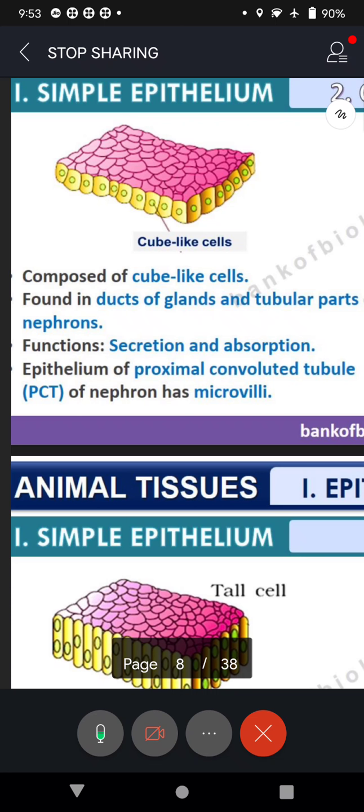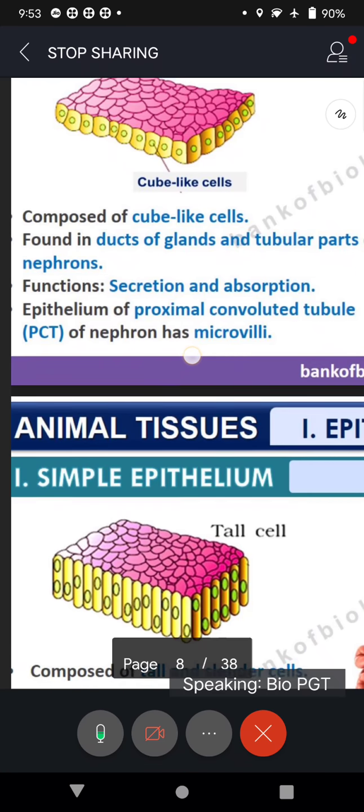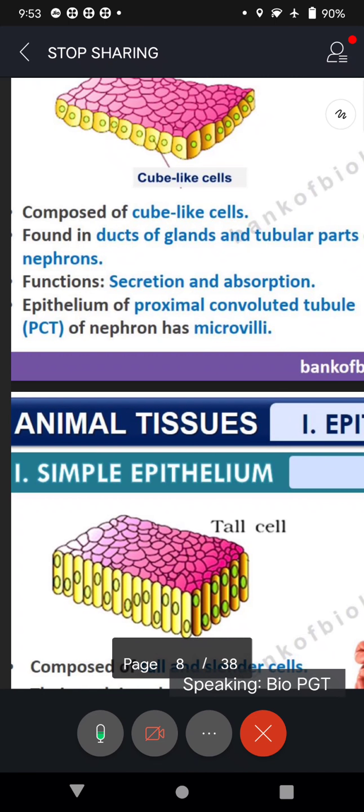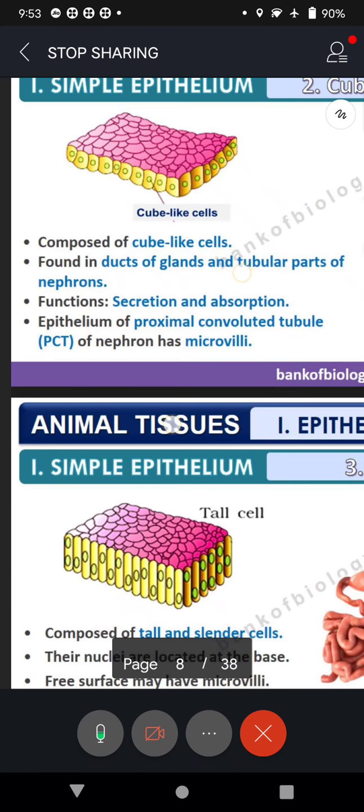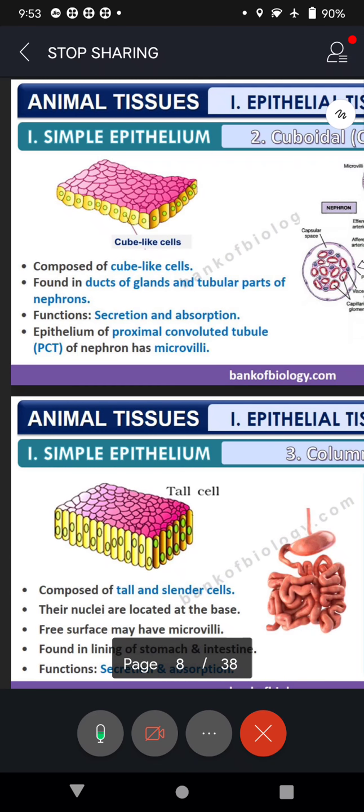Okay, where exactly is it present in nephron? PCT. There is a tube called proximal convoluted tubule. It is abbreviated as PCT. So the epithelium of PCT is made up of cuboidal cells, and they also have microvilli.